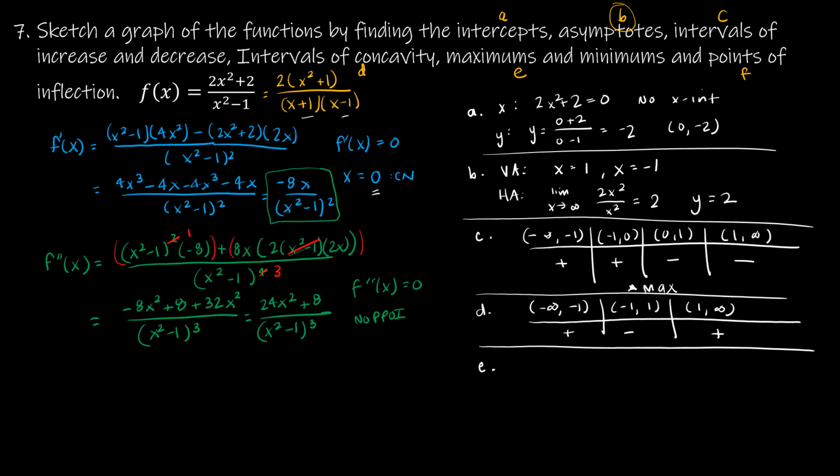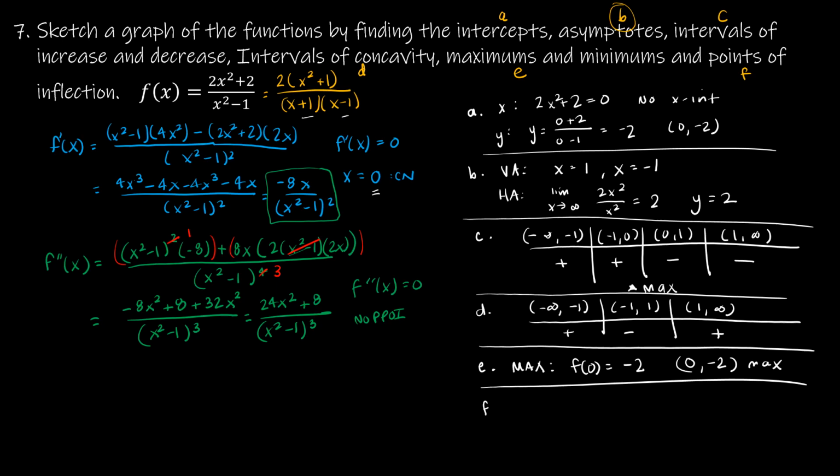For E, mins and maxes, we know that there's only a max, so I don't need to show any further work for that because I can see based on the table there is a max there. And so the max is going to be at f of 0, and f of 0 gives us negative 2. So the max is at (0, negative 2).